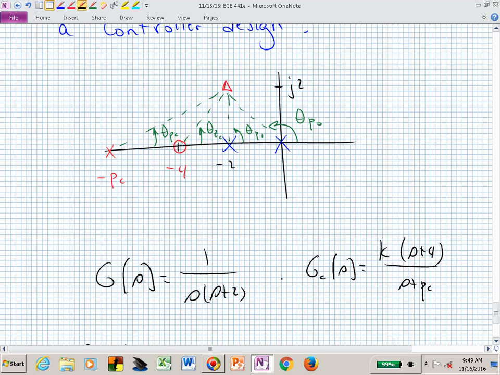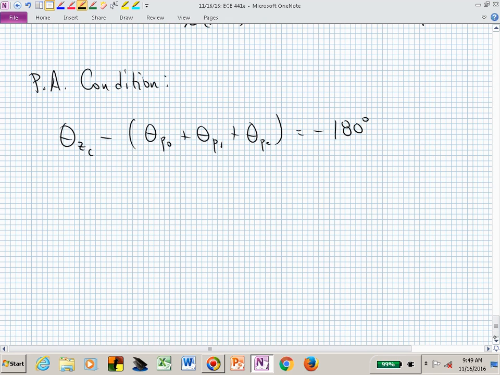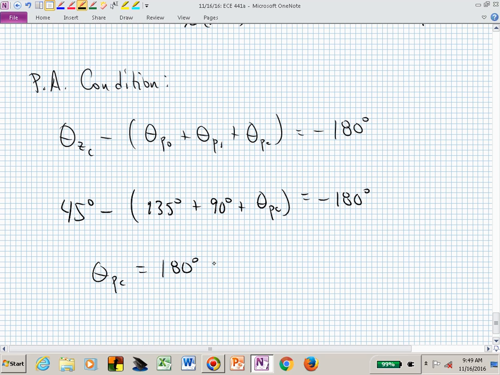It's 90 from the second pole, and it's 45 from the 0. So I have 45 degrees minus 135 plus 90 plus theta p sub c equals minus 180. Solving for theta p sub c, I get 180 plus 45 minus 135 minus 90, which is 0 degrees. Ugh, what does that mean?